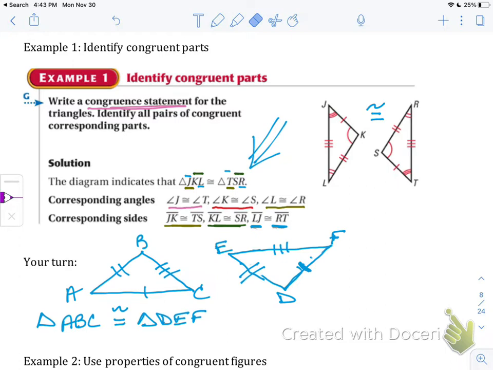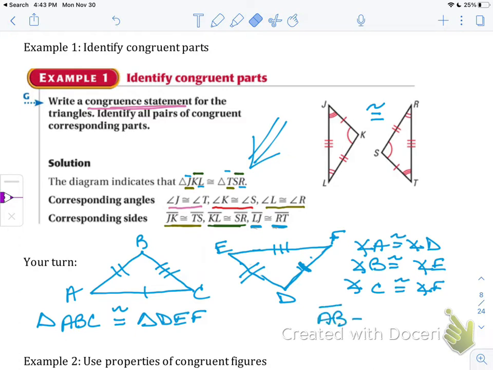So let's list out our angles. The angle congruencies are angle A is congruent to angle D. Angle B is congruent to angle E. And angle C is congruent to angle F. And I'm doing that from the congruence statement. Okay, now do the pairs. AB is a segment. That's congruent to segment DE.